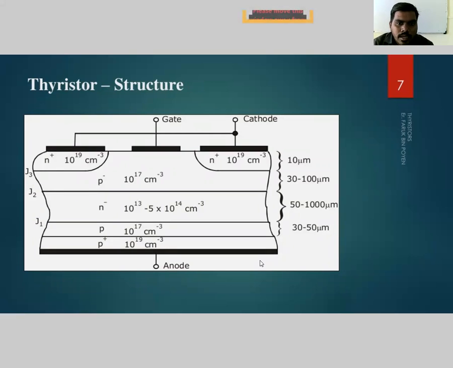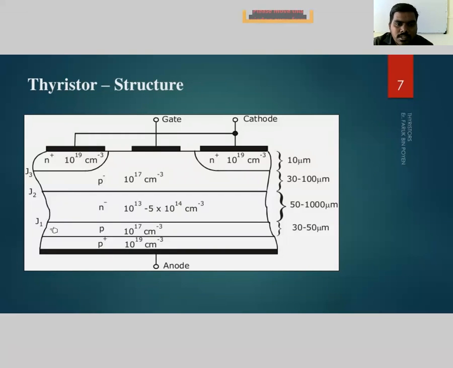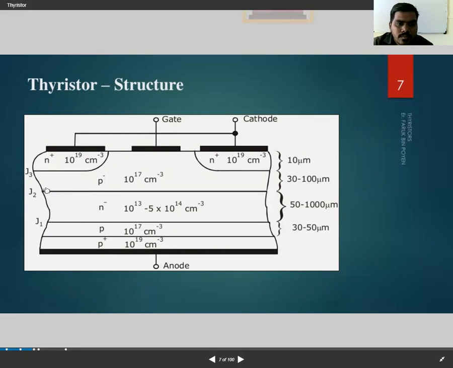Here you can see the micrometer sizes: the N plus regions have a length of 10 micrometer. Then you can see the three junctions as discussed: J1, J2 and J3.